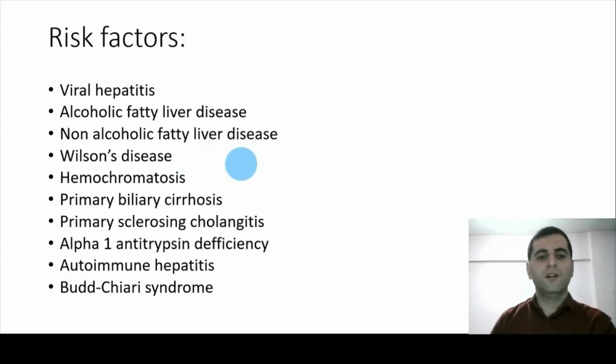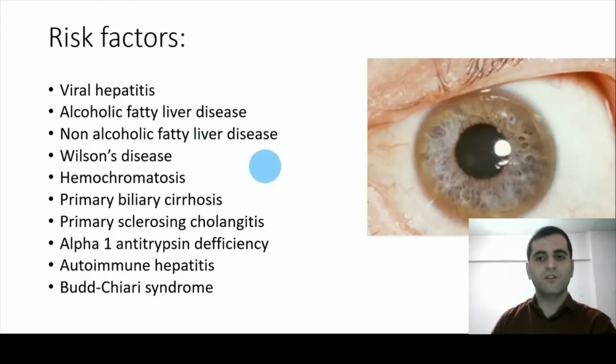So the amount of copper in liver increases and it is extremely hepatotoxic. It may cause all sorts of hepatic diseases like chronic hepatitis or cirrhosis. As for extrahepatic signs and symptoms, the most prominent one is Kaiser-Fleischer ring, which is characterized by brown discoloration of the periphery of the cornea, as you can see here.